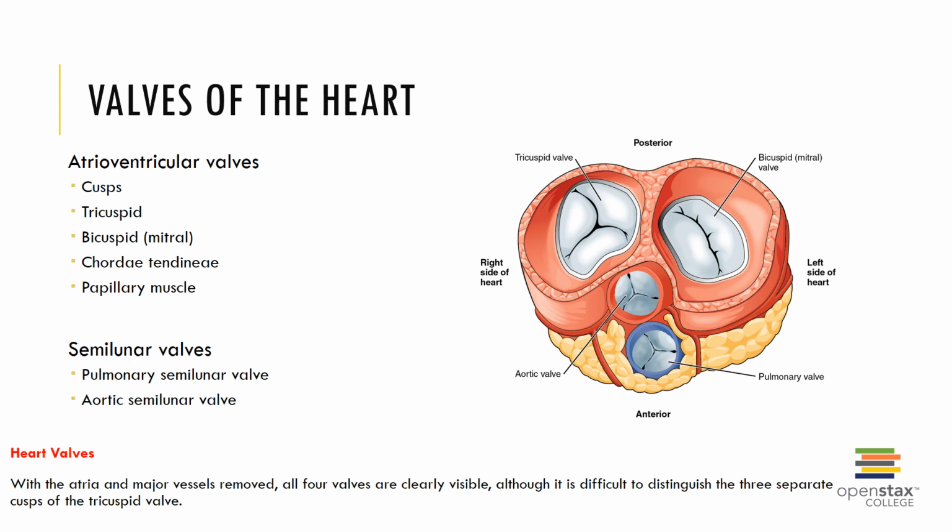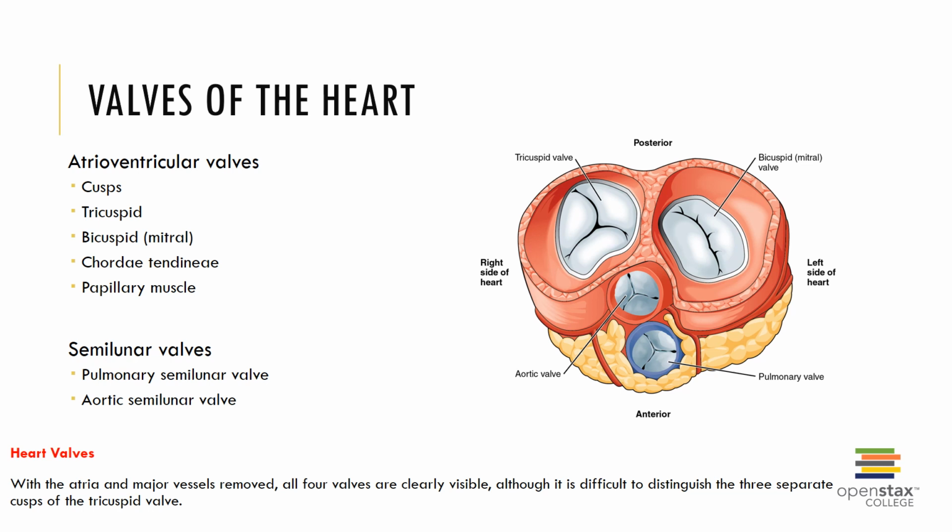The chordae tendineae and papillary muscles work together to prevent inversion of the AV valves during contraction of the heart and thereby prevent backflow. There are two types of AV valves: tricuspid, which possesses three cusps, which allows the flow of blood from the right atrium to the right ventricle, but prevents backflow during ventricular contraction.